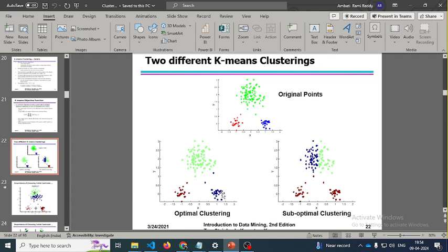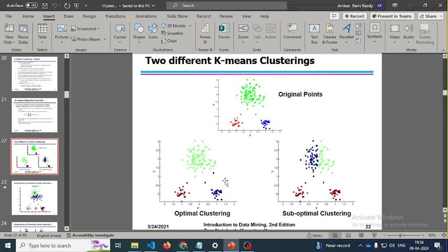This one is optimal, the best clustering. If you want to go for more detail, you can form more clusters here. This one has 4 clusters, while here we have 3 clusters. So this is a kind of suboptimal clustering.